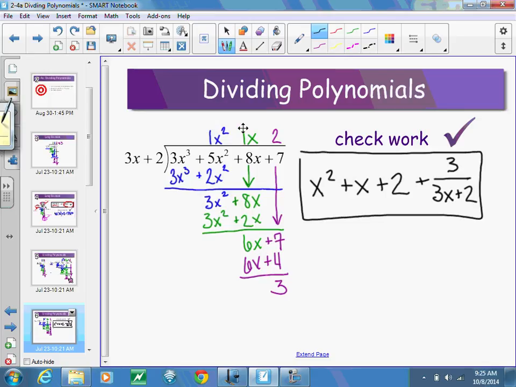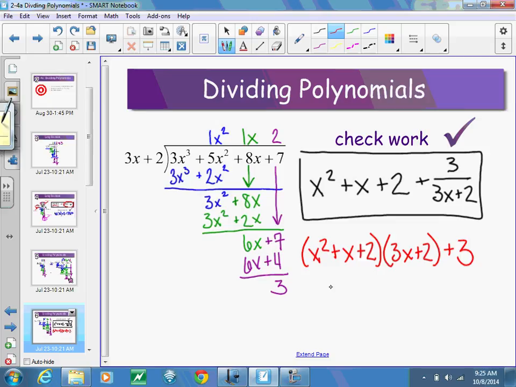Now, how do you check your work once you come up with your solution? You take your quotient, multiply it by your divisor, and add on your remainder. So if I was to check my work, I would take x squared plus x plus 2, multiply that by 3x plus 2, and then add on my remainder.